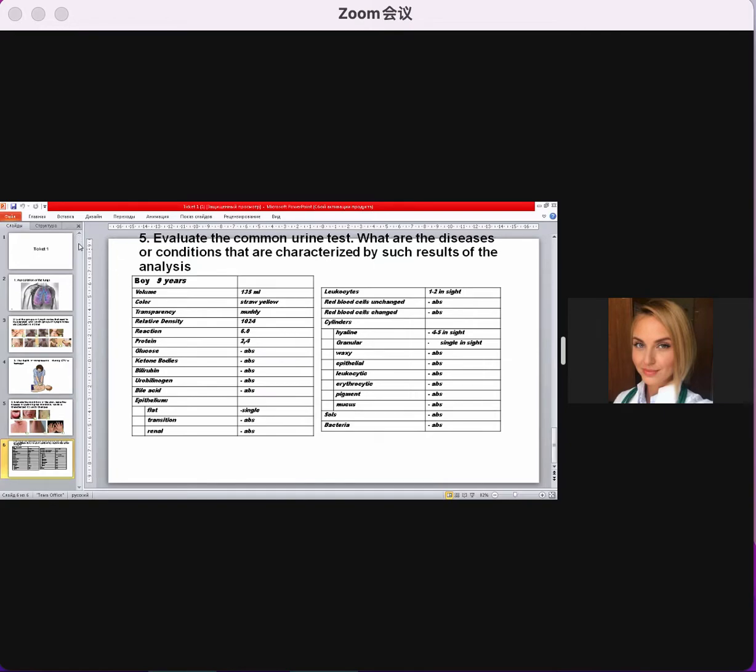Okay. Also, you will have the sounds, but now I can switch on this. So, what about the sound, doctors? Did you hear it? Have you any questions about sound of the heart and of the lungs?